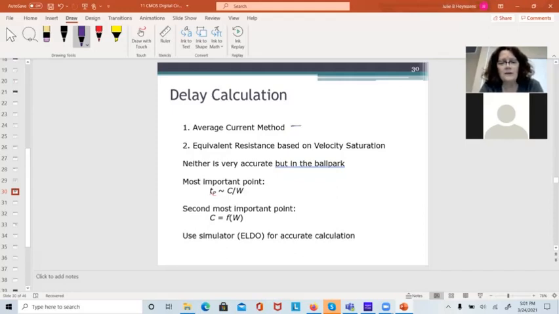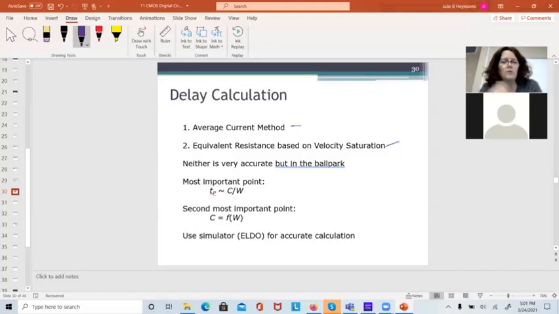And there's another one called the equivalent resistance based upon velocity saturation. They're not accurate, and when you calculate them, they come out to be like a factor of 2 or 3 apart. And when you calculate them and then measure them in the 380 lab, you might be off by a factor of 10. They're not very accurate. It gets you in the ballpark, and it gives you an idea of what you can change if you want to make the speed faster.